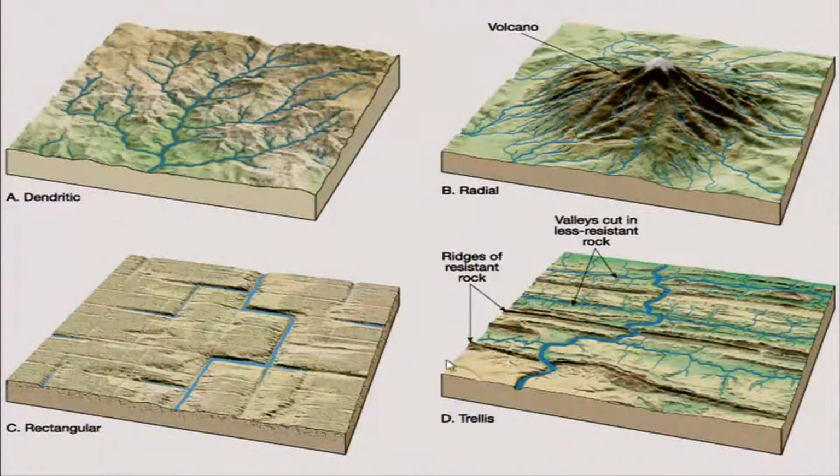So again, this figure, if you remember, you have the trellis pattern, tree-like, where the density of the drainage will be higher. Density here is less in a rectangular drainage.